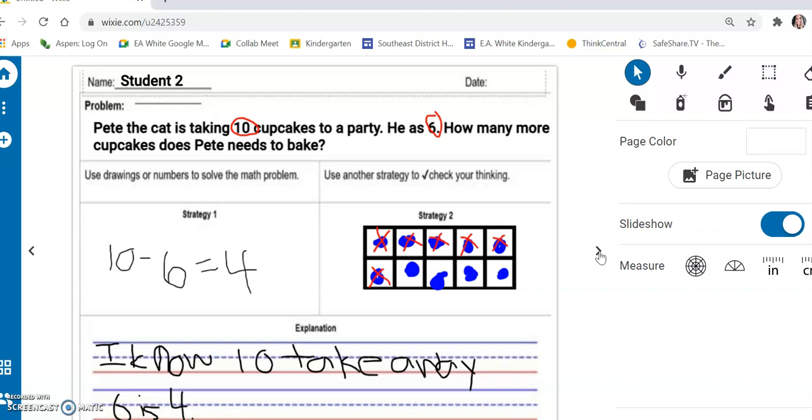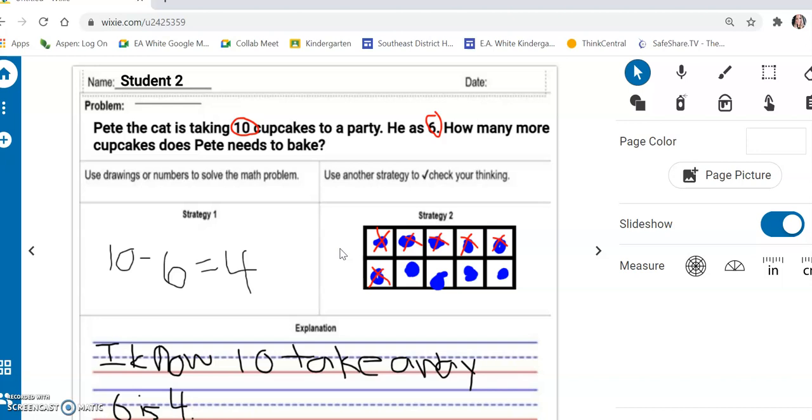Student 2 will also have a chance to share. Student 2 chose to use numbers as their first strategy. They utilized a subtraction equation. 10 take away 6 is 4. For Strategy 2, they utilized a math tool known as a 10 frame. More than likely, students would be using a 10 frame and counters in their hands.